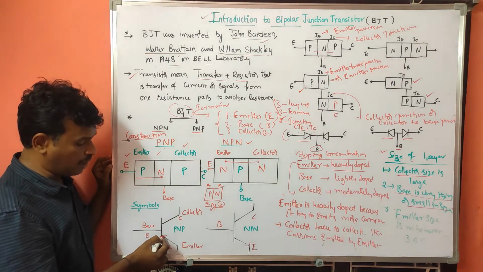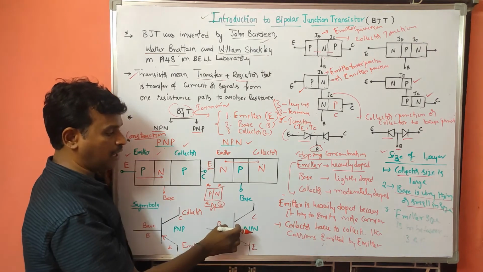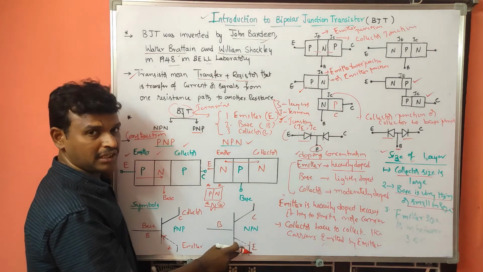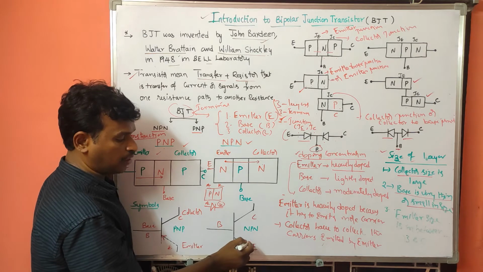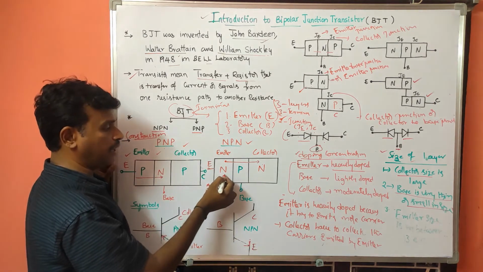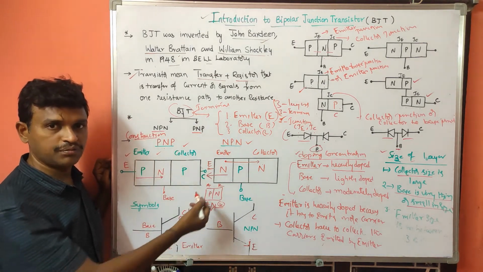Similarly, in the NPN transistor the arrow mark on the emitter points outside, because the current flows out of the emitter.